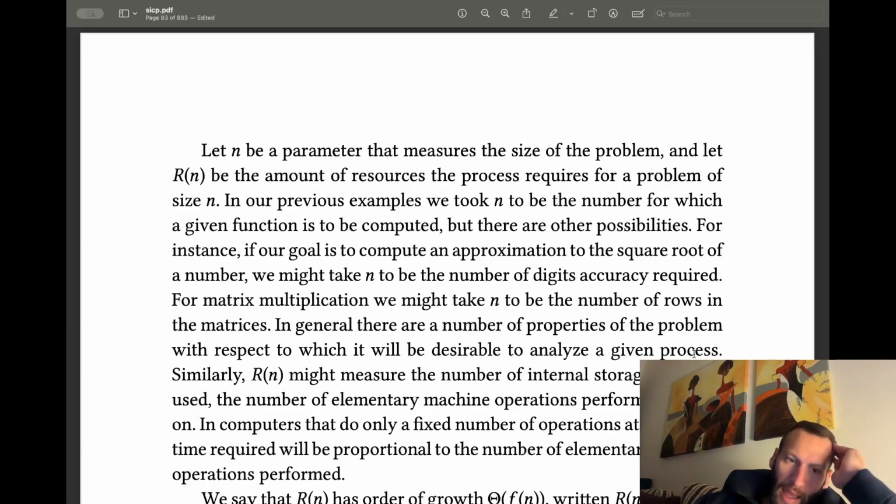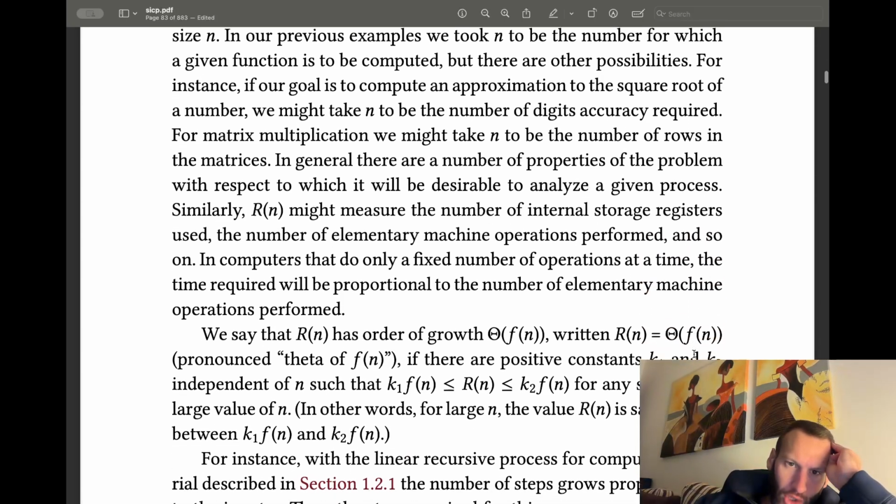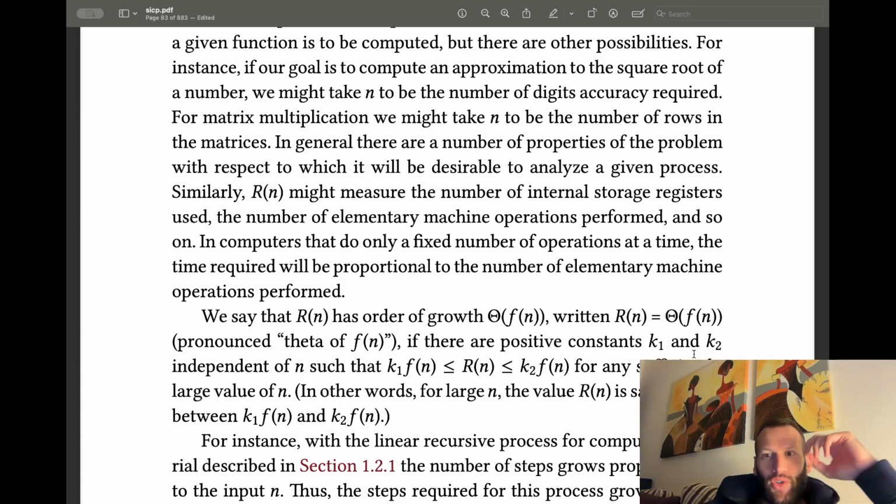Similarly, R(n) might measure the number of internal storage registers used, the number of elementary machine operations performed, and so on. In computers that do only a fixed number of operations at a time, the time required will be proportional to the number of elementary machine operations performed.